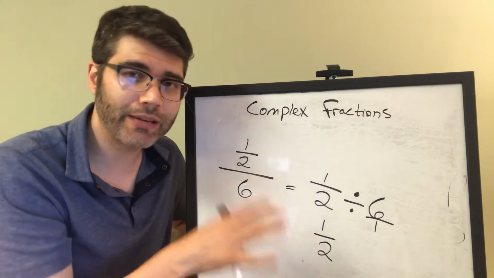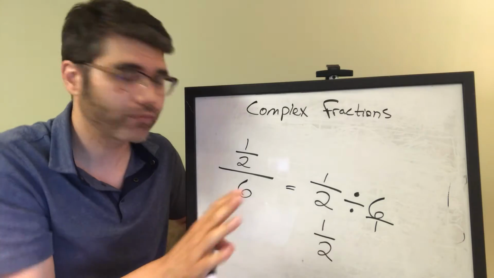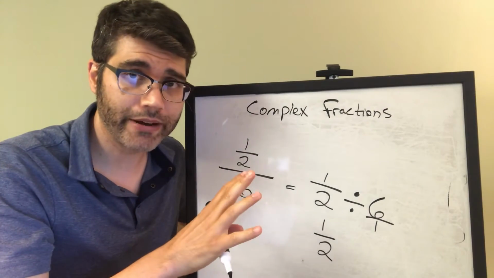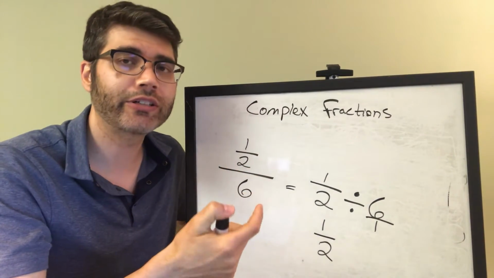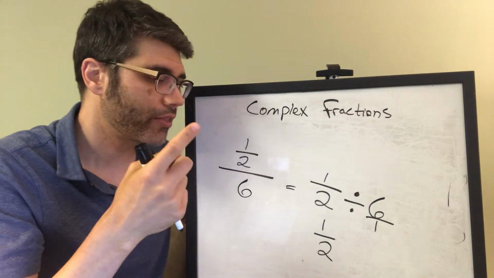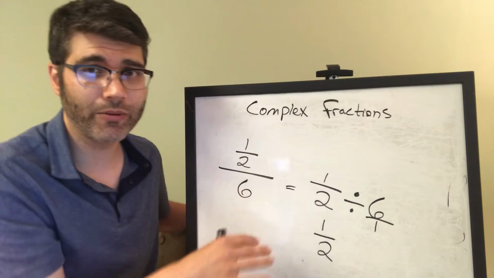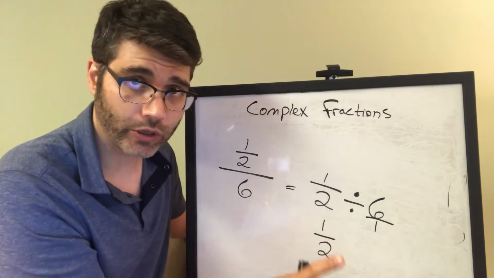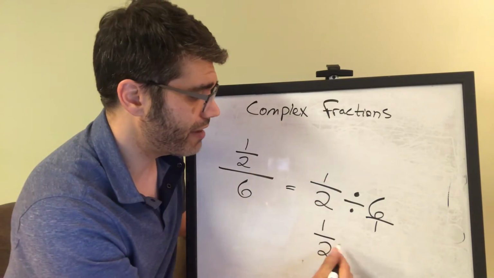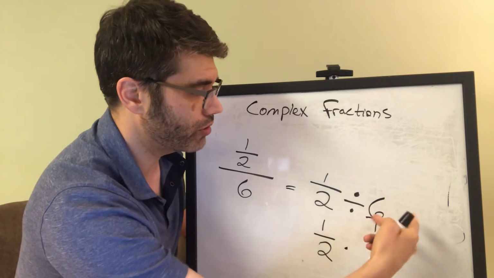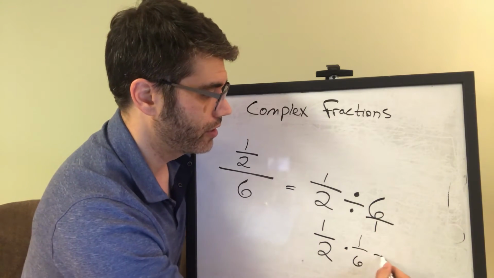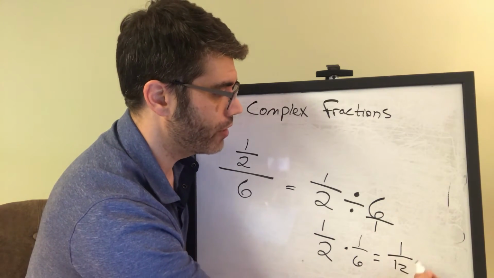So do you remember the keep, change, flip? I could do an entire video just about that. Hopefully you understand the reasons behind why that algorithm works. But just to do it quickly here, you do 1/2 times the reciprocal, 1/6, so that's equal to 1/12.